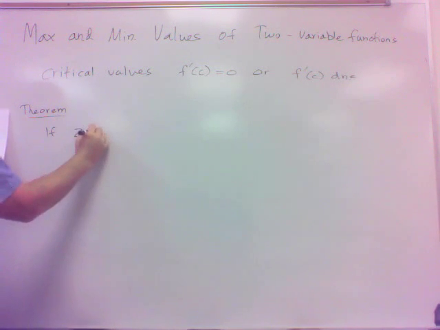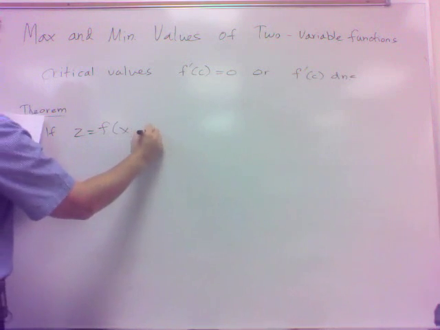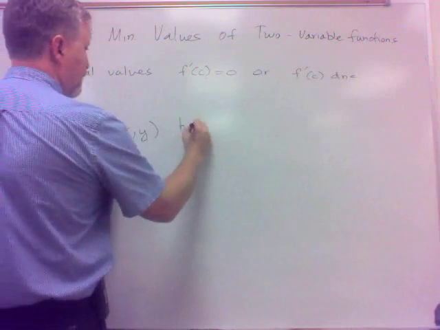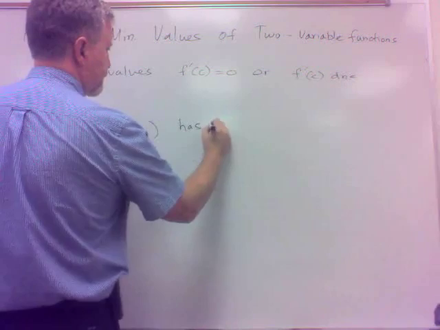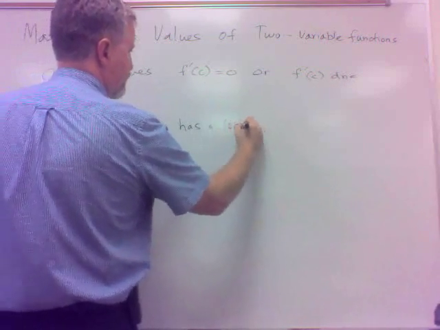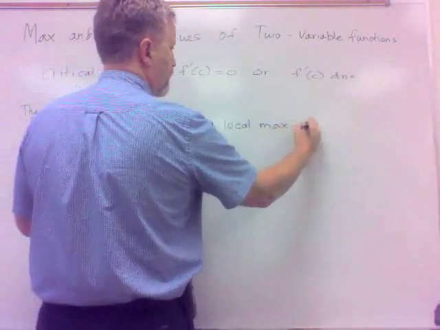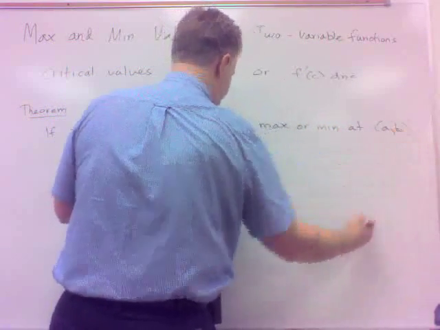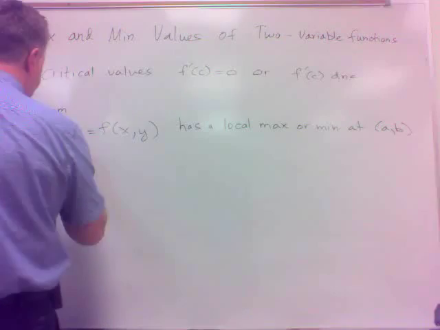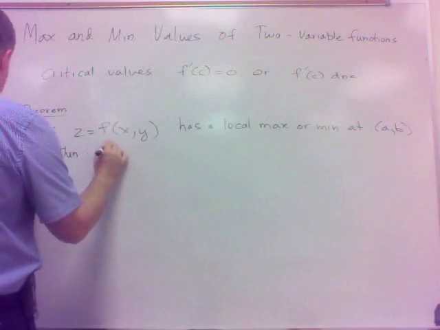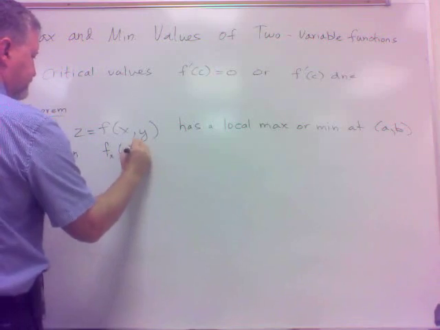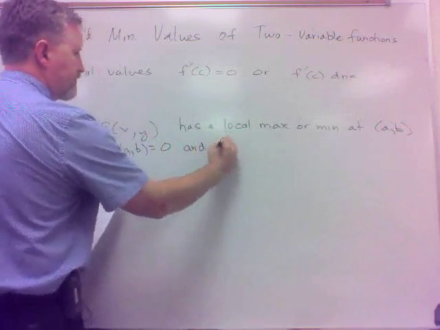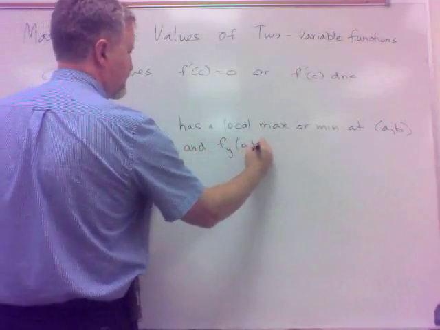If z equals f of x, y, a two-variable function, has a local max or min at the point a, b, then the partial derivative with respect to x at a, b equals 0, and the partial derivative with respect to y at a, b equals 0.